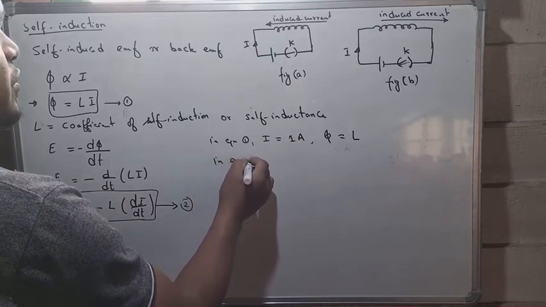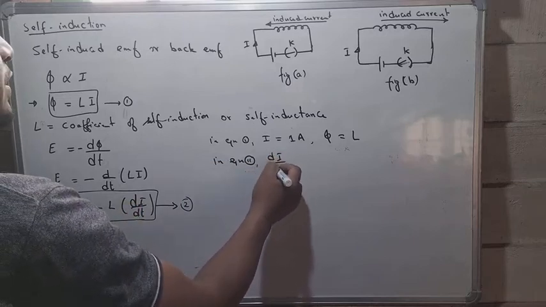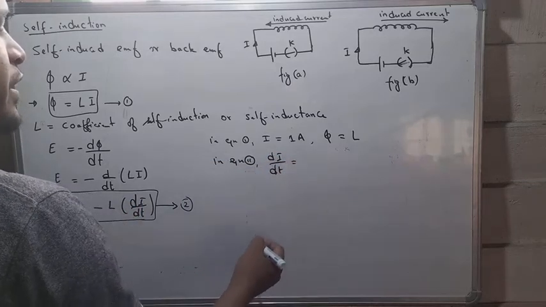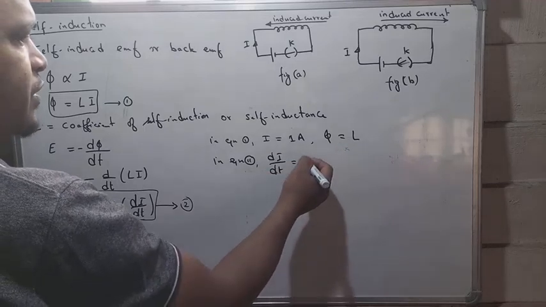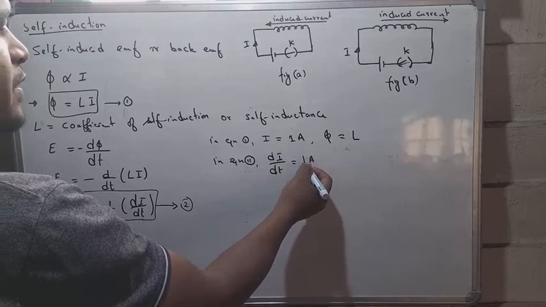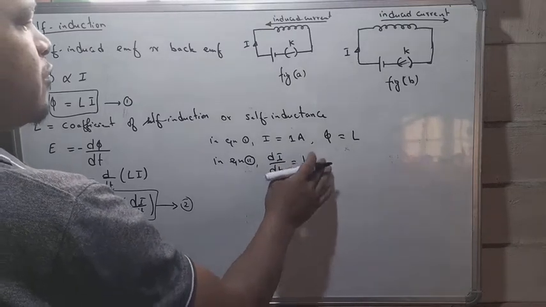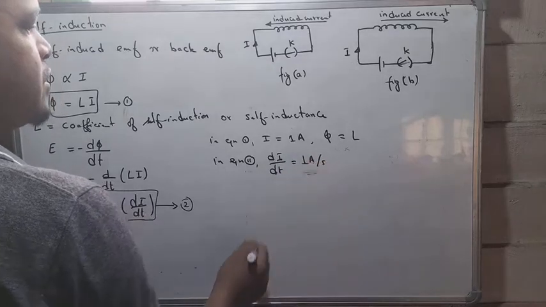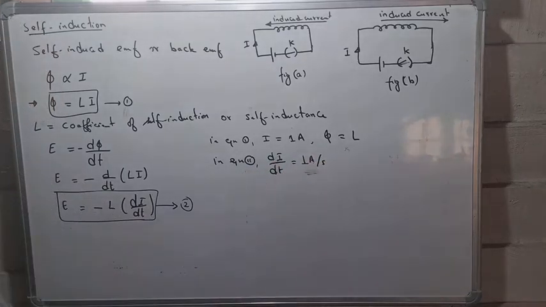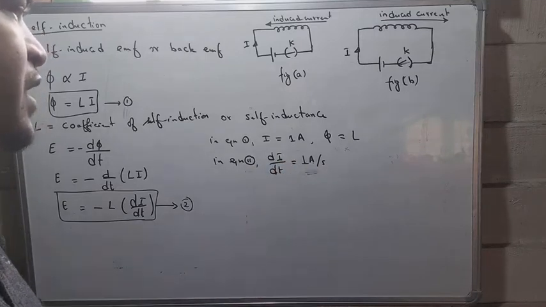From equation 2, if di upon dt is equal to 1 unit, that means 1 ampere per second. What is di by dt? It is the rate of change of electric current.